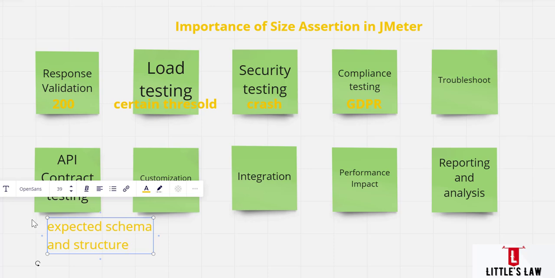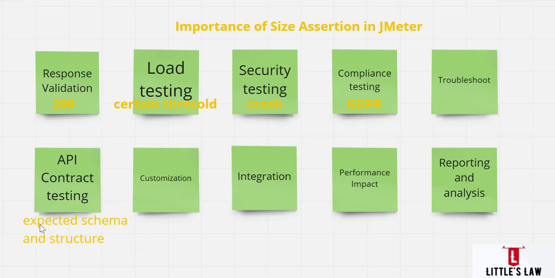This can help us catch issues such as missing fields, unexpected data types, or incorrectly formatted responses. So overall, the size assertion is a simple but powerful tool that can help us to verify the correctness, completeness, and security of our application or API.